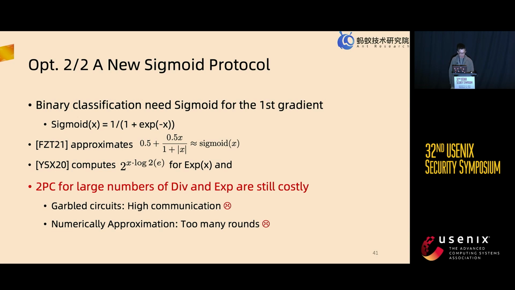And the second optimization is an interesting sigmoid protocol. For the previous ones, they just use numerical approximation or compute a very expensive exponential function. But given the large number of samples, such methods cannot be very practical within very low bandwidth.